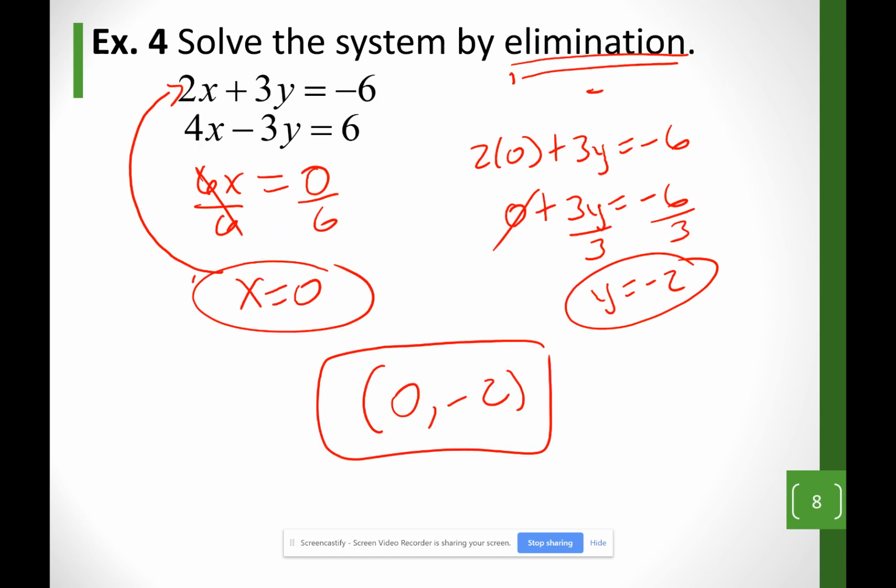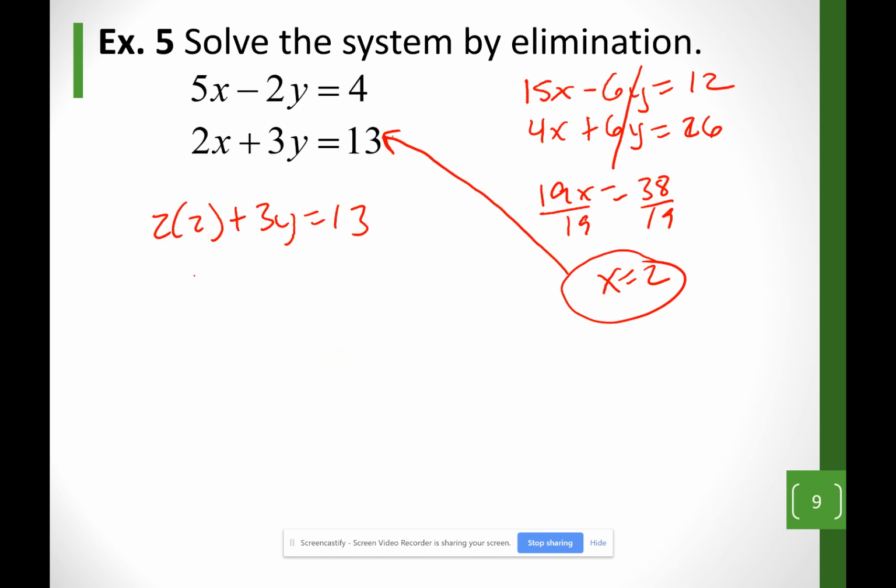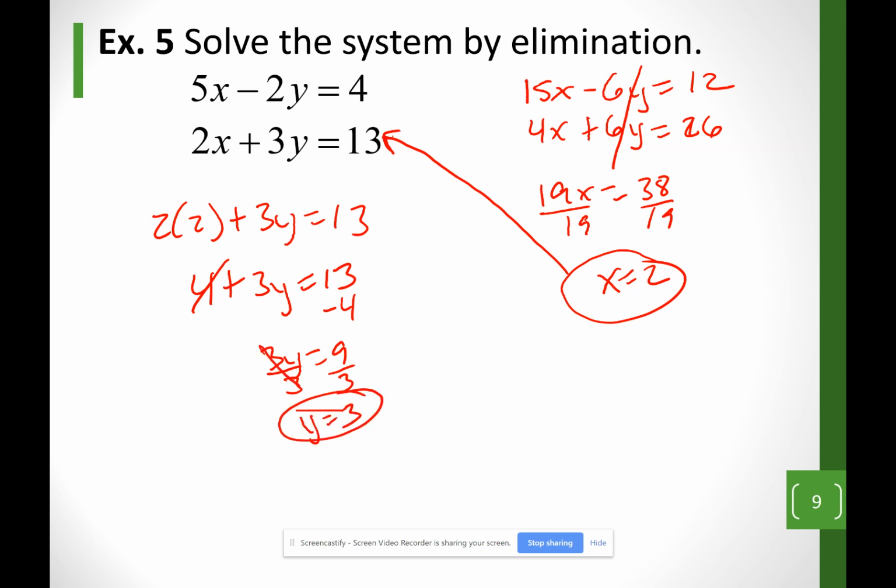So I have 4 plus 3y is equal to 13. Let me subtract 4. 3y is equal to 9. Divide both sides by 3. y is equal to 3. That's my second half. So my answer is (2, 3).